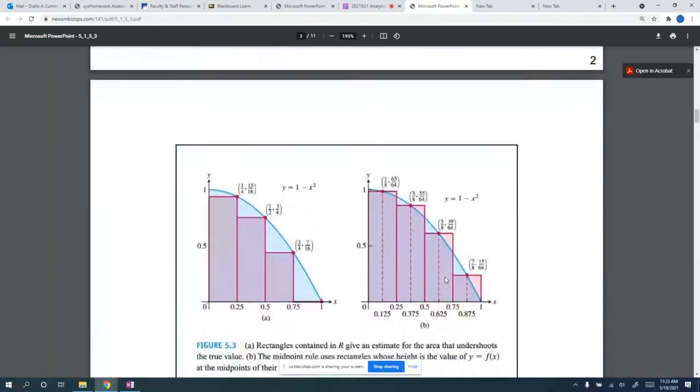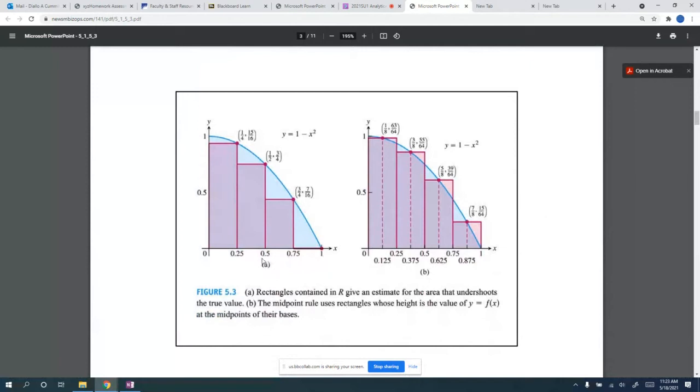There is another method called the lower estimate. If we take a look at this lower estimate, notice that this uses a total of 4 rectangles, but each rectangle is underneath our curve, which means that if we were to add up all 4 of our areas, it would give us an underestimate of our true area.